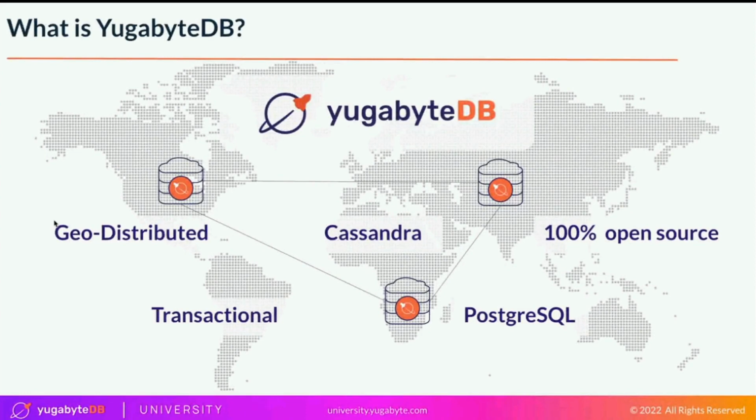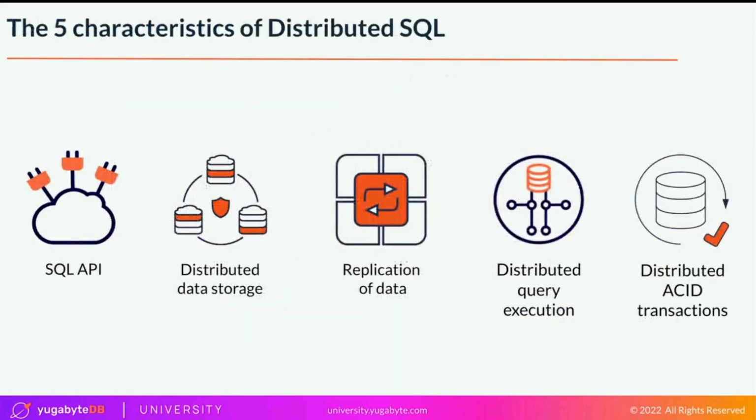So let's talk a little bit about what is distributed SQL. I think it's quite important, especially at a summit like this, to really get some context around what distributed SQL actually is, since you will hear that quite a few times today. So real quick, what is distributed SQL? You need 5 specific characteristics in order to be considered distributed SQL. Number 1, you need a SQL API.